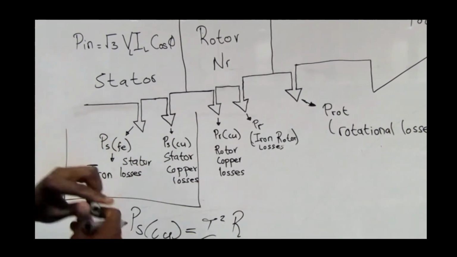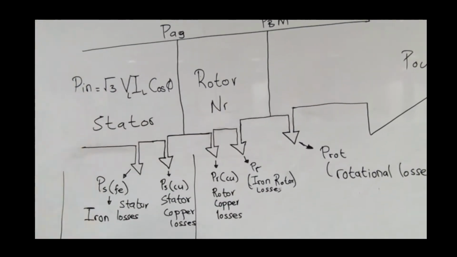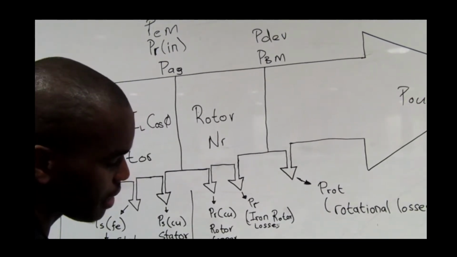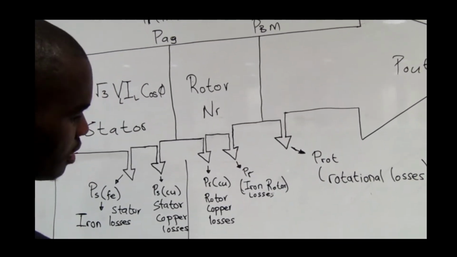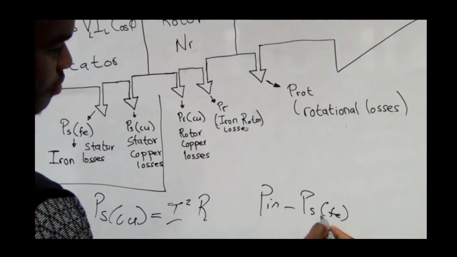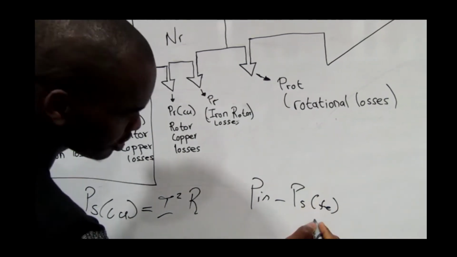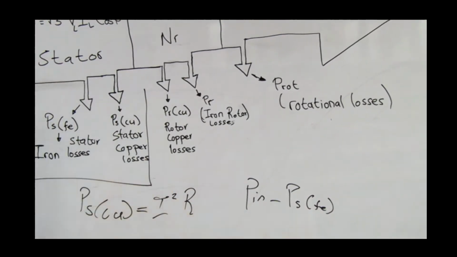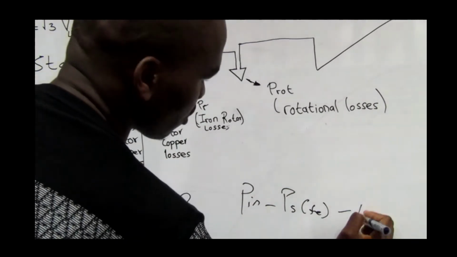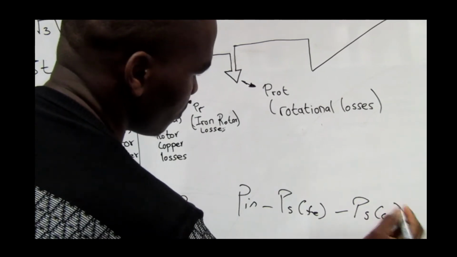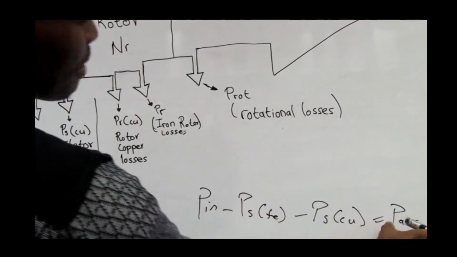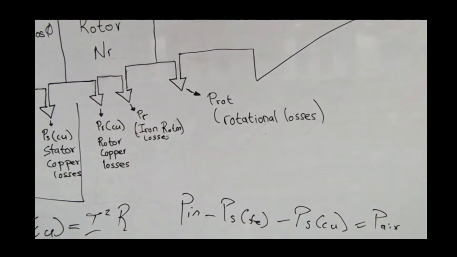In other words, if we were to determine the power in the air gap, we say P-in minus the P stator iron loss, which is the losses due to eddy current and hysteresis, and then minus the stator copper loss. This is equal to P air gap, which is the power that goes through the rotor.